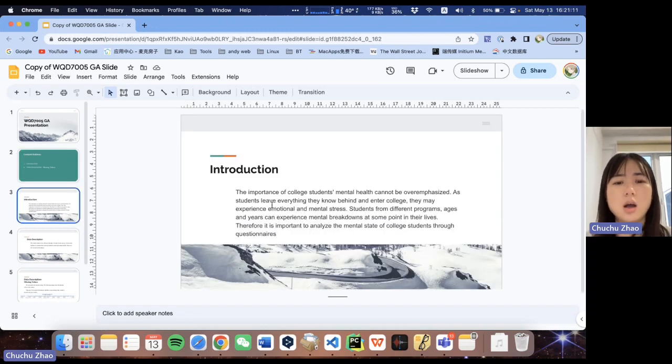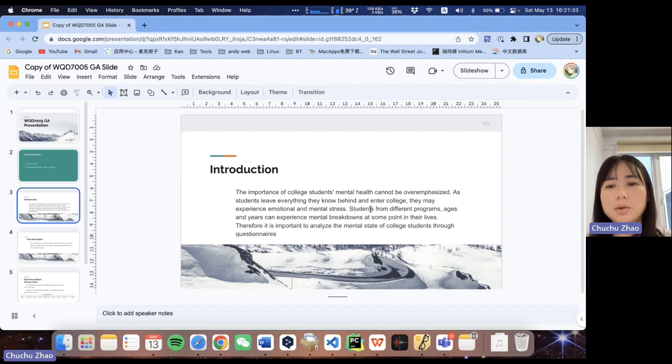First, introduction. The importance of college students' mental health cannot be overemphasized as students leave everything they know behind and enter college. They may experience emotional and mental stress.